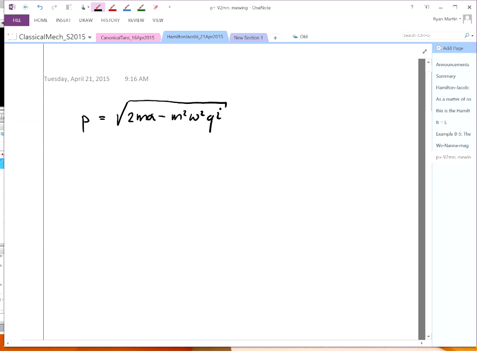Let me sub in now the fact that q, so let me write q squared. From the solution that we had, q squared was 2 alpha over m omega squared, and then it will be sine squared times the omega of beta plus t.